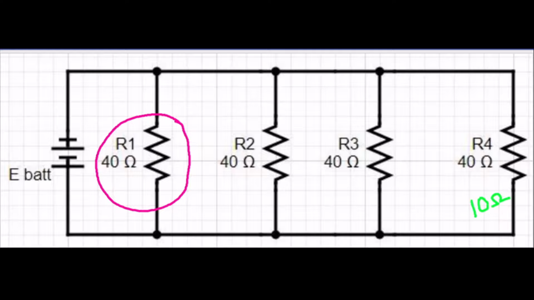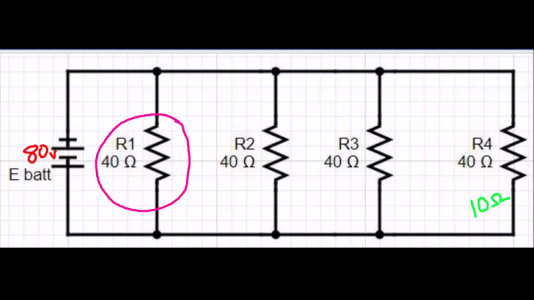So the first thing we need to do there is we need to solve and find out at that point what is the current. Okay? So let's make a guess and say that this battery is an 80-volt battery. You can see if we're going to use 80 and 40, it'll make the math kind of easy.